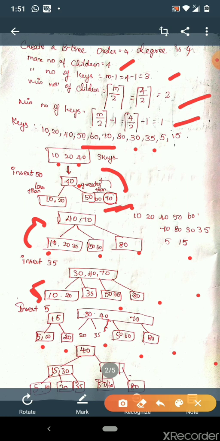So now the root node is full. So again you are going to split this. So here we are going to move this 40 as a root. So 40 as a root node, and the left side of the 40 you will be having the lesser keys, and the right side you will be having the greater keys.